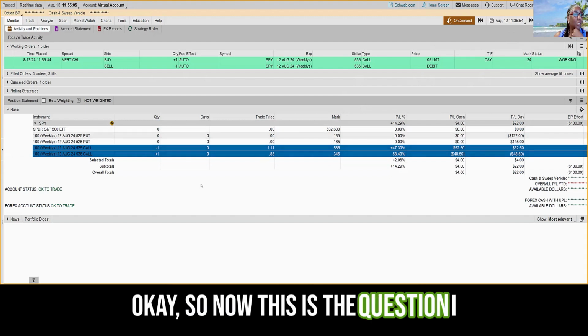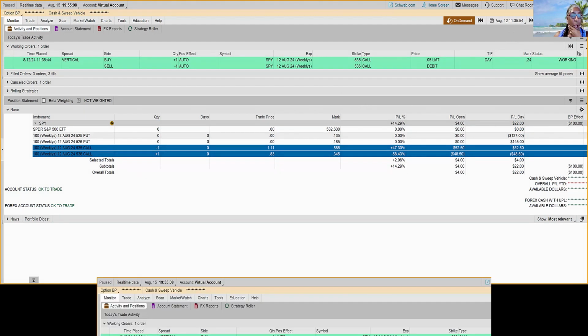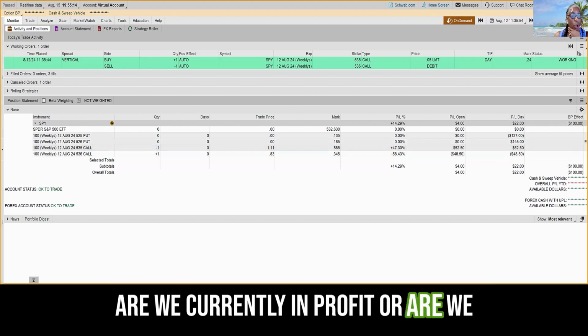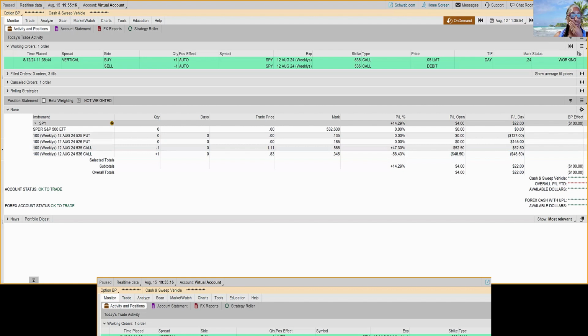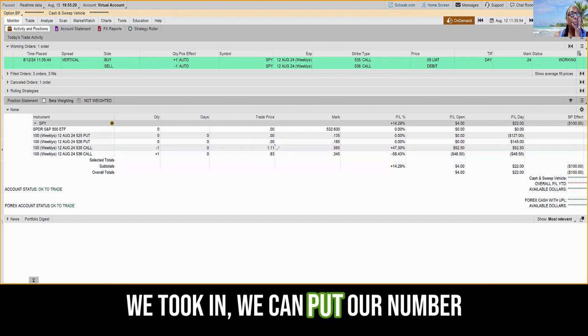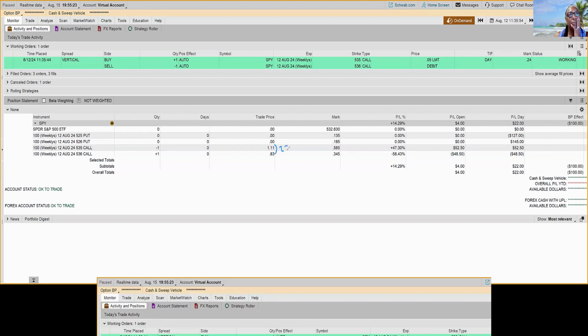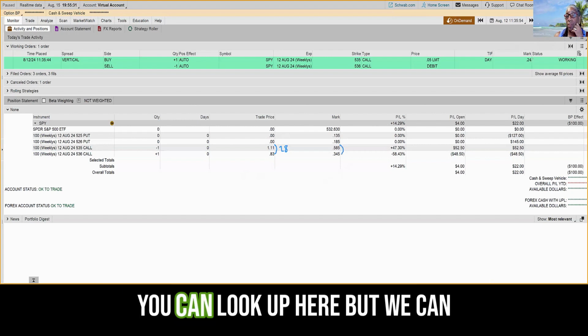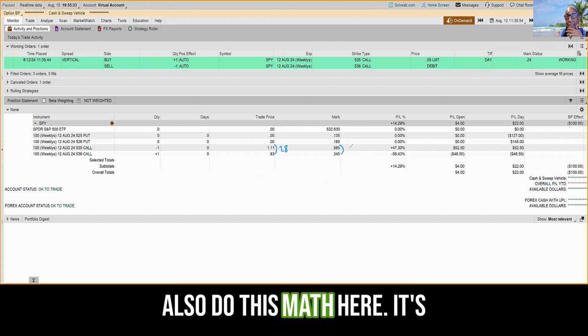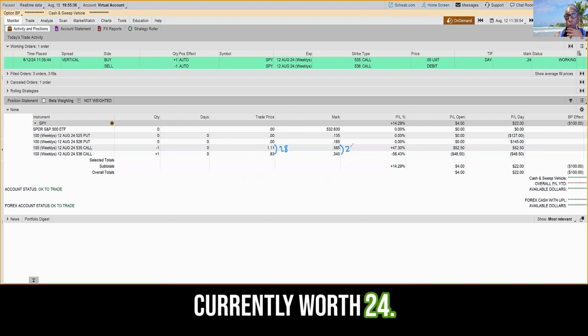Okay, so now this is the question I have for you. Are we currently in profit or are we in a loss? We can put our number back here. We took in 28. And it's currently worth, we can look up here, but we can also do this math here, it's currently worth 24.